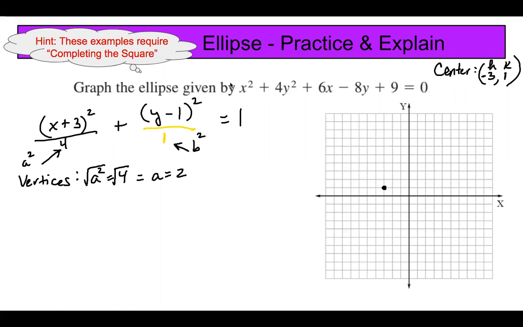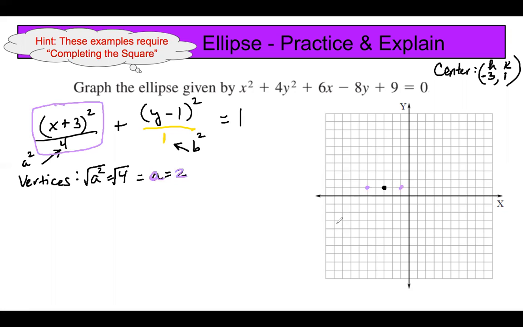I'll put a equals 2. So from the center, which is this point in black, I'm going to go 2 units to the left and right, because again, we're working on the x fraction here. So that's going to be from the center, 2 units to the right and 2 units to the left.